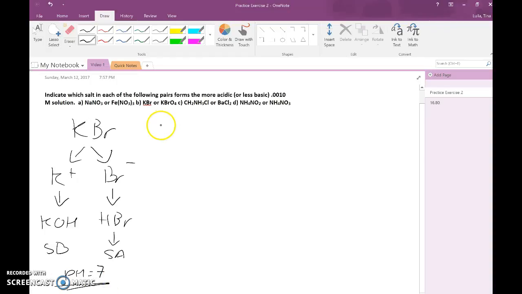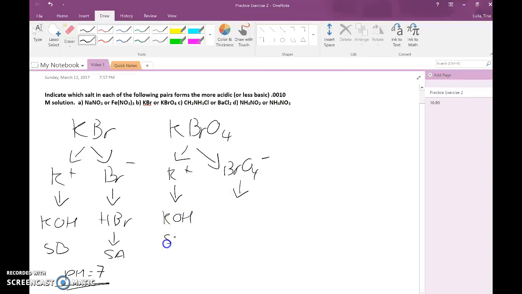Okay. And then KBrO4, K+, BrO4-, KOH strong base, HBrO4, not on my list of 7 strong acids. So I'm going to go ahead and say this is a weak acid.